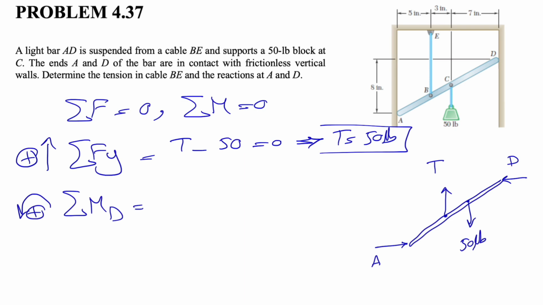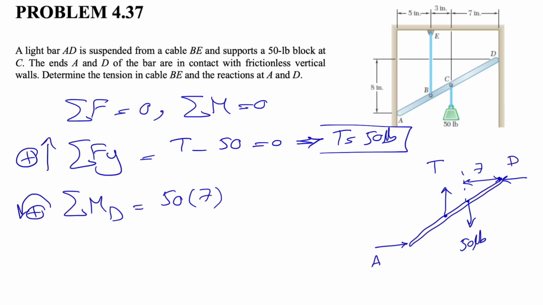So the first thing that we have is the moment of the 50 pound force about point D, and since that's a counterclockwise moment, it will be positive, and the distance will be from D to the line of action, which is this distance, and we know this is 7 inches.